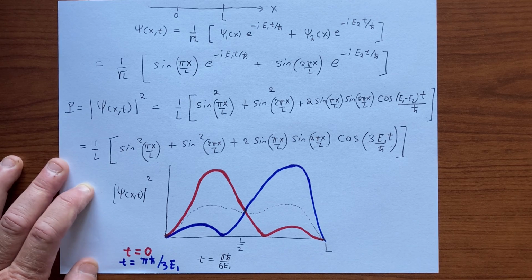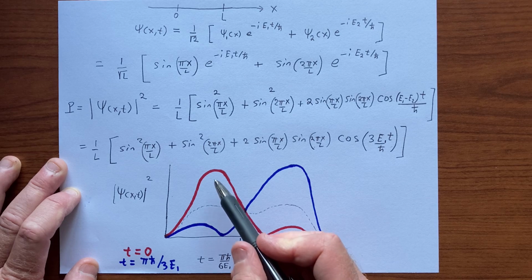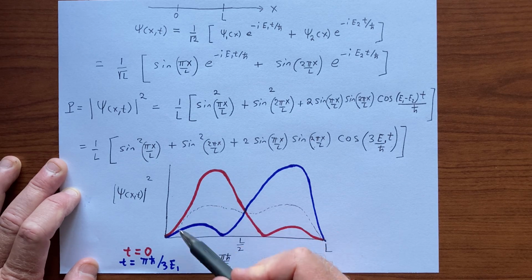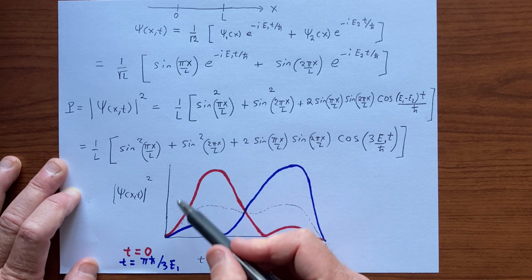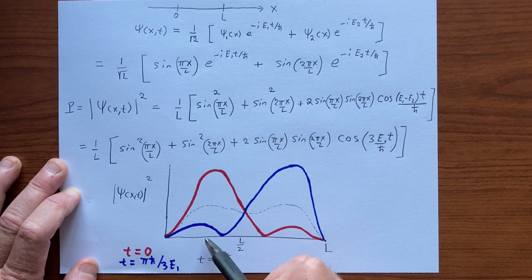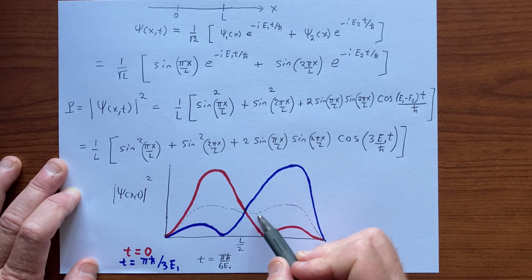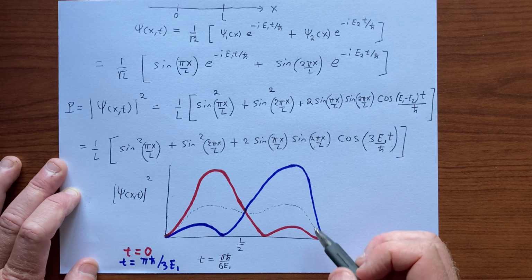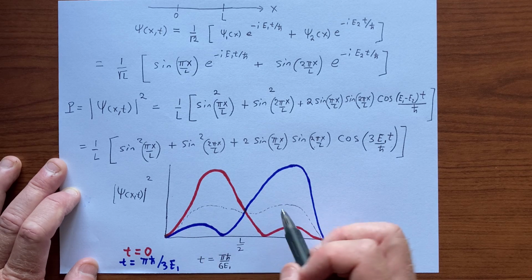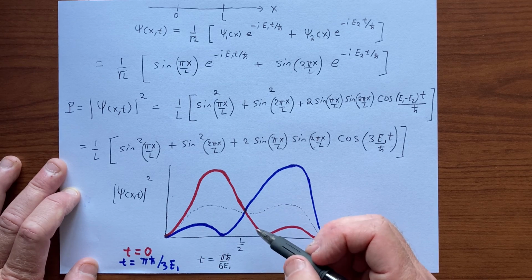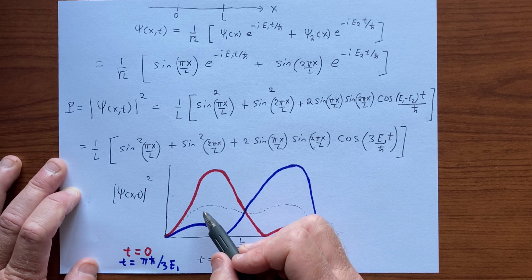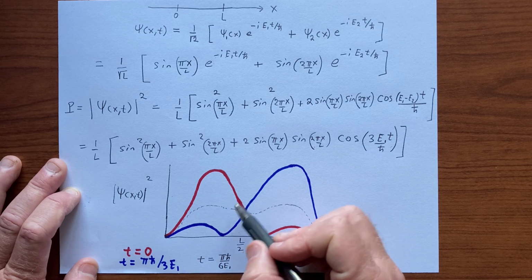And so we can see that at t equals 0, there is a greater probability of finding the particle on the left-hand side of the well. And as time increases, we're moving from that to the dashed line for the probability density. And so the probability of finding the particle starts to increase in the middle part.